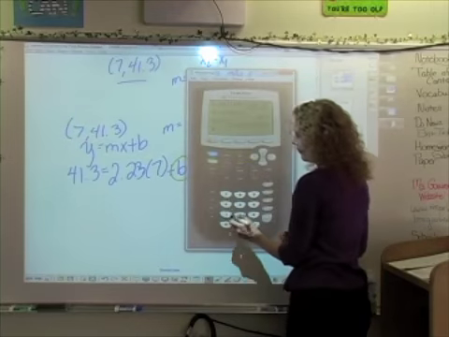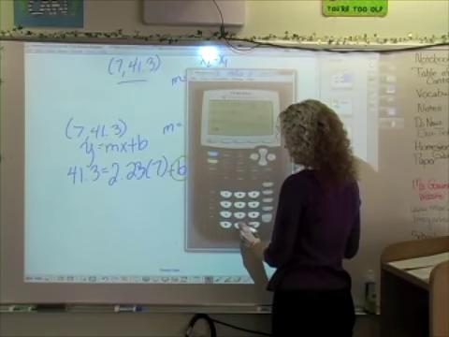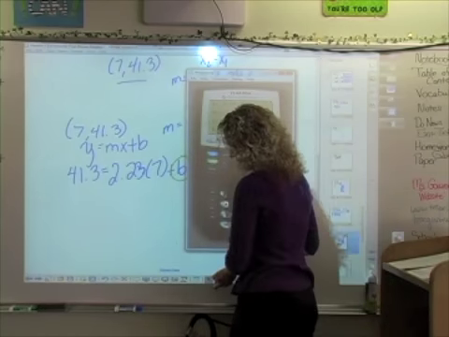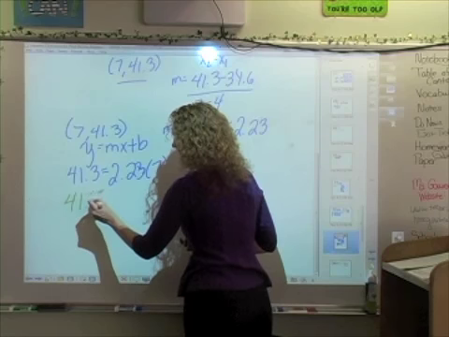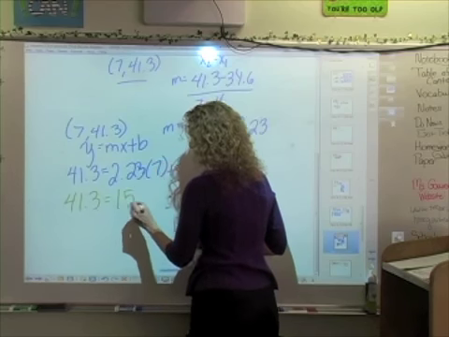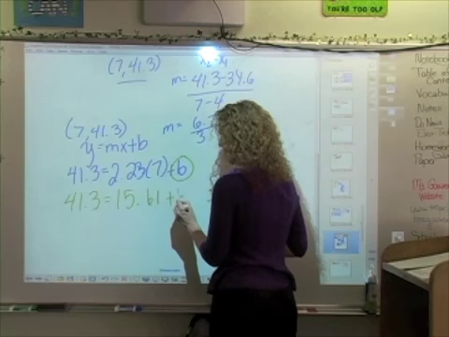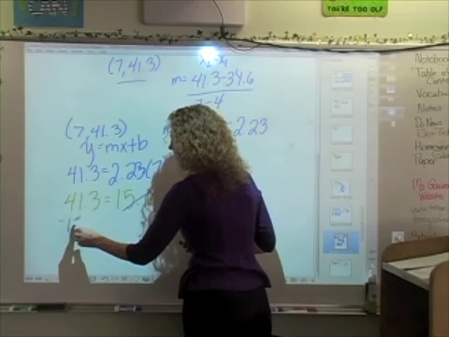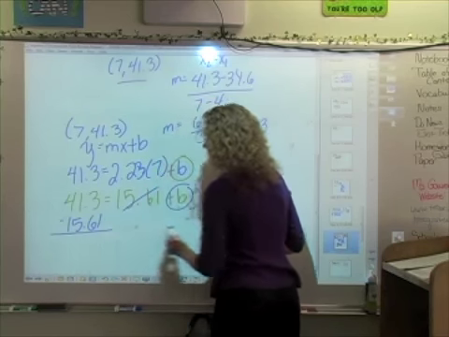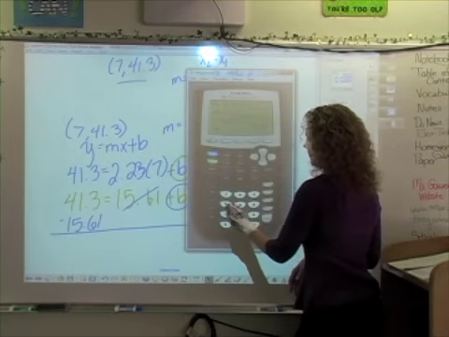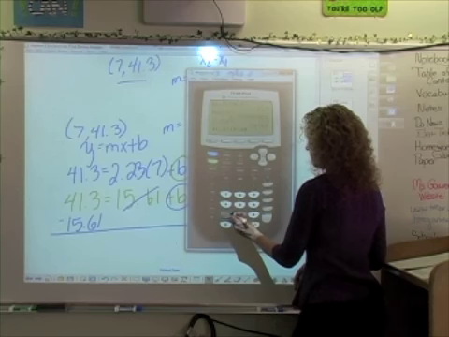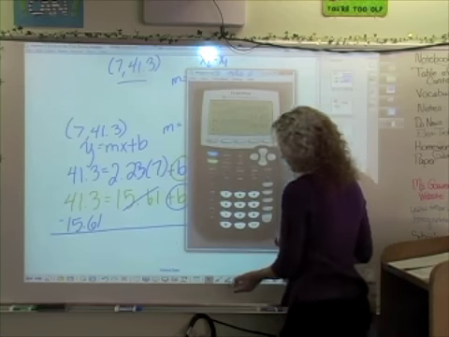So coming over here, we're going to do 2.23 times 7 is going to give 15.61. So I'm solving for b. I'm going to subtract that 15.61. And we get 25.69.